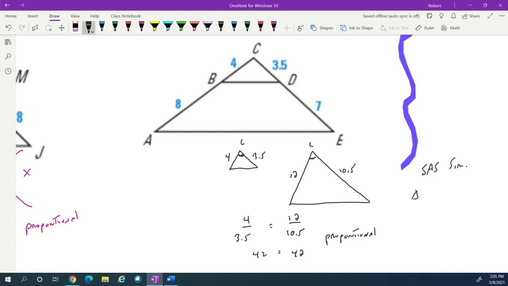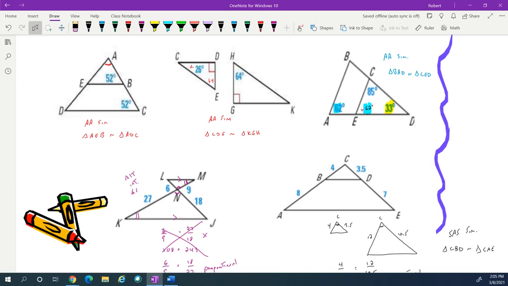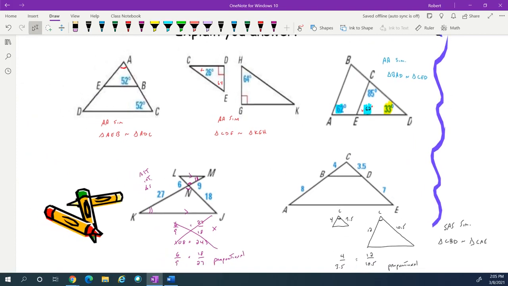And now we can say triangle CBD is similar to triangle CAE. So unlike congruence, we actually have to do a little work to figure out whether they're similar. But the idea of testing all three sides or two sides and the included angle stays with us.